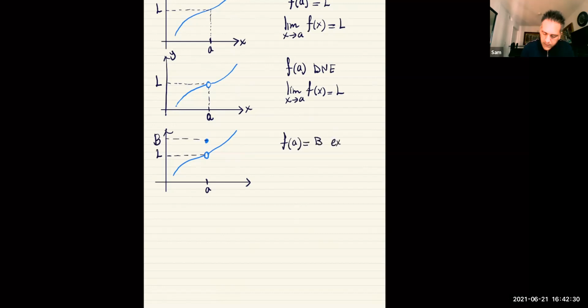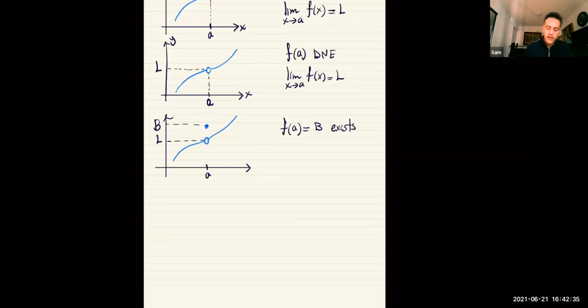It exists, okay? But the limit of f of x as x goes to A here is equal to L. So here the function has a different value than the limit at A. This can happen.